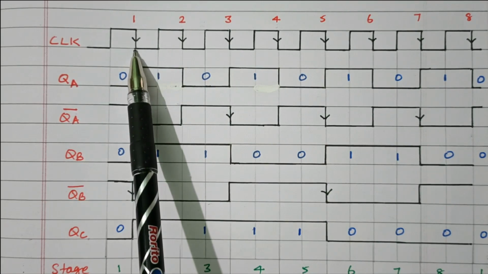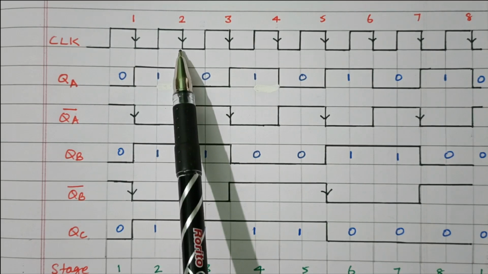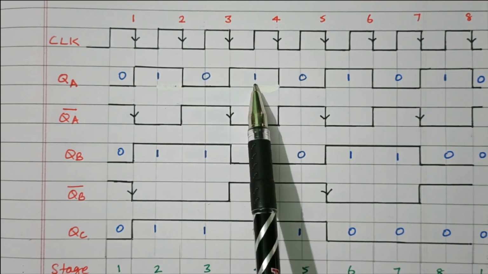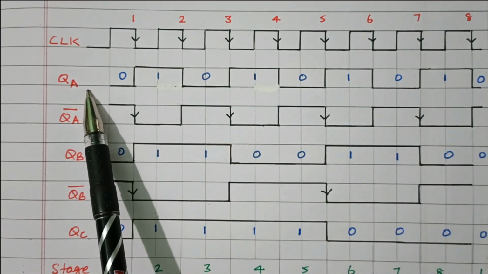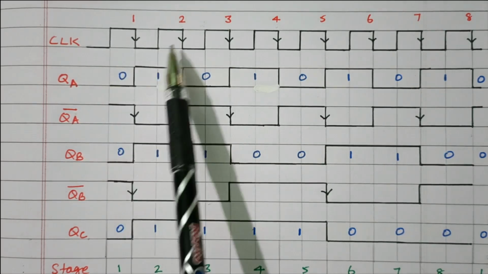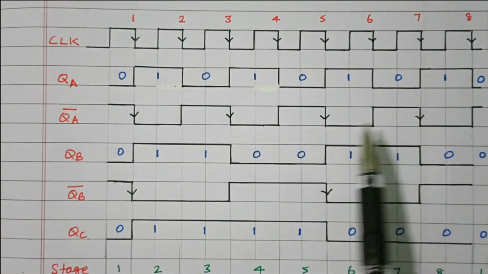Due to the negative edge of the clock pulse, 0 changed to 1. Similarly, at the second negative edge, 1 changed to 0. 0, 0, 1, like that it will toggle, because the first flip-flop is connected with logic high for both J and K. So on every negative edge of the clock pulse, the output toggles.